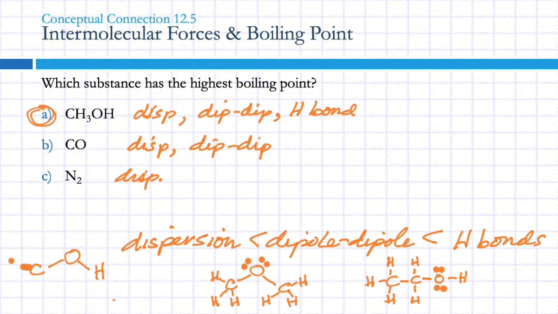The one we were talking about here, this is methanol. So this is an oxygen-hydrogen bond. It's a covalent bond. We talked about covalent bonds.